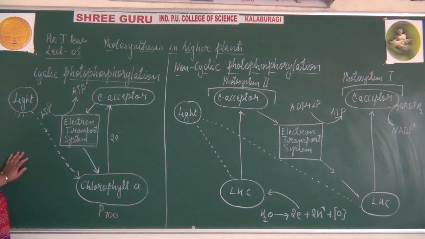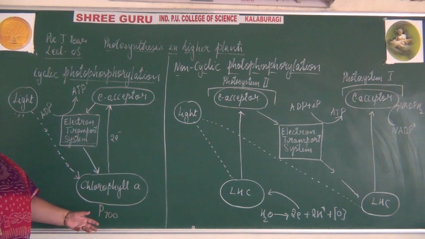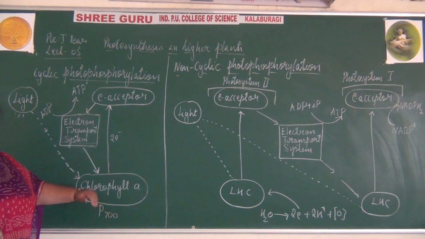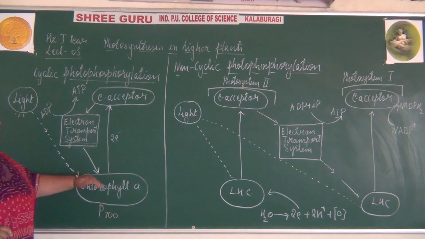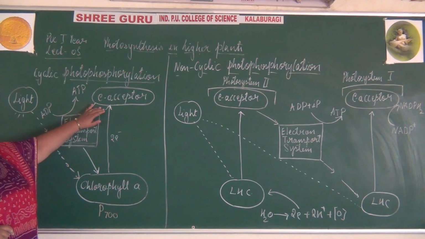In the membrane there are photosystem 1, plastoquinone, plastocyanin, cytochrome bf complex, hydrogen ion carriers, photosystem 2 and ATP synthetase molecule. So as the light falls on the chlorophyll a molecules, it gets photoexcited and emits the electrons. This electron is accepted by the primary acceptor.